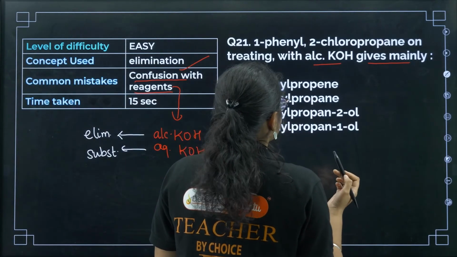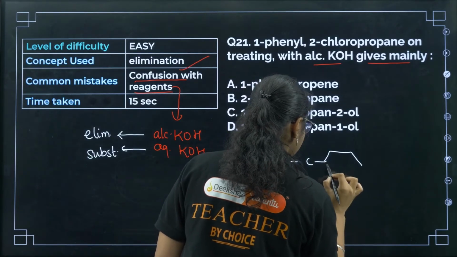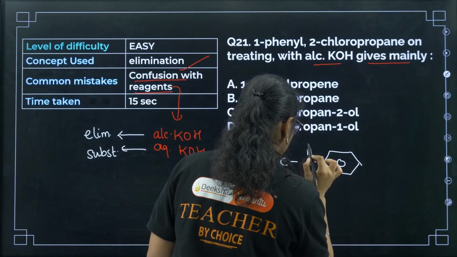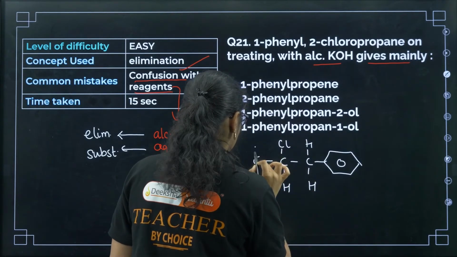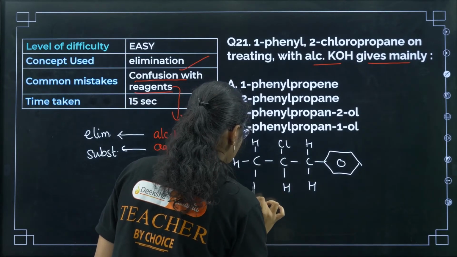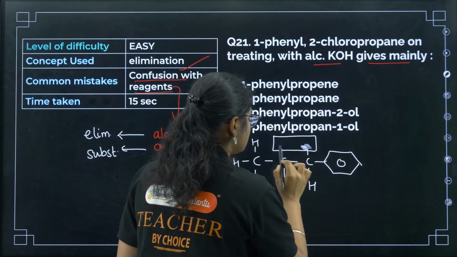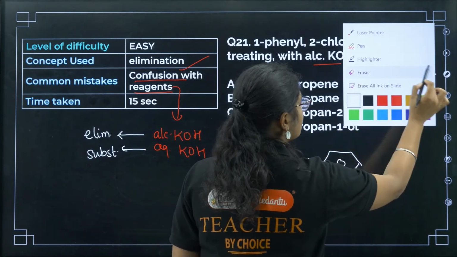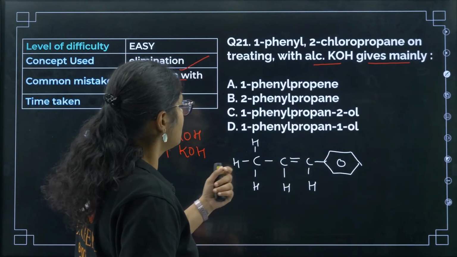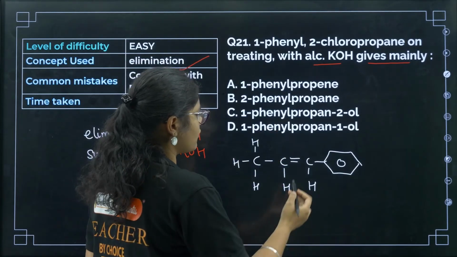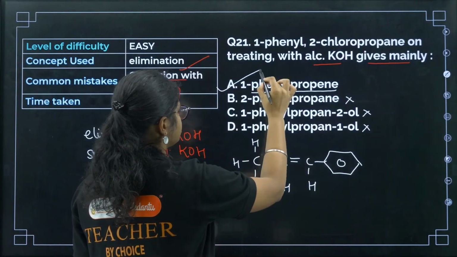Now let us do 1-phenyl 2-chloropropane. So we have 1-phenyl, and then I am drawing 2-chloropropane like this, right? So what will happen? Here there will be dehydrohalogenation and we will get a double bond here. So we will form an alkene, right? So these all will be wrong. We will get 1-phenyl propene, that is option number A.